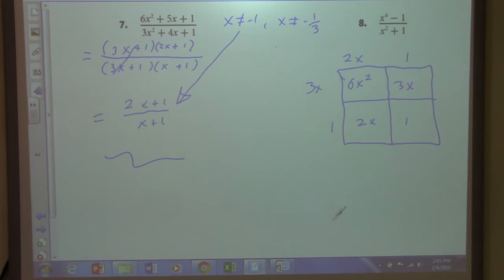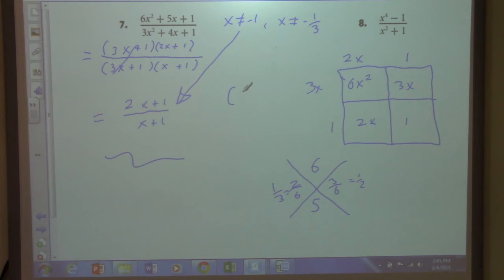For factoring I also want to throw in the X method, or bottoms up method, where you have AC on top, so 6 on top, and then B on the bottom. So what 2 numbers are we going to have here? 2 and 3, right? And you divide by A, which happens to be 6, so you get 1/2 here and 1/3 here.